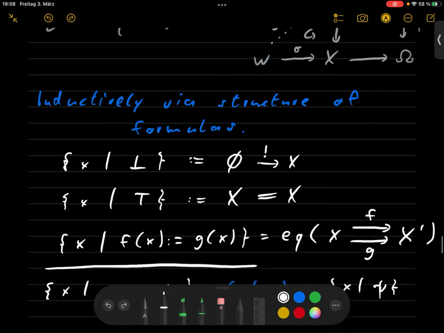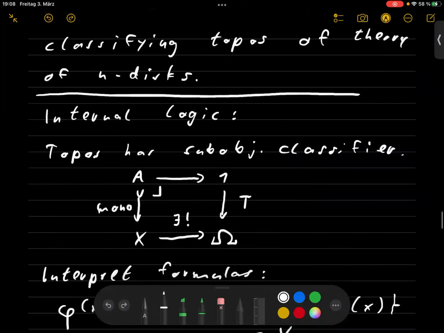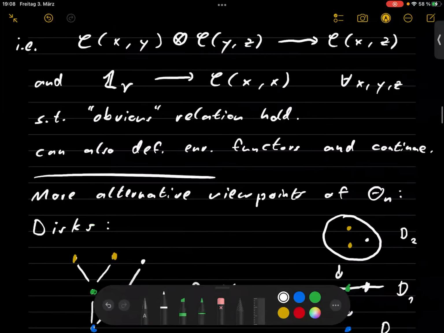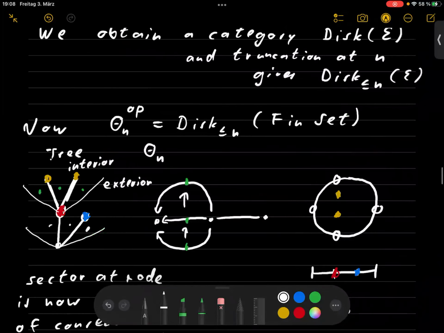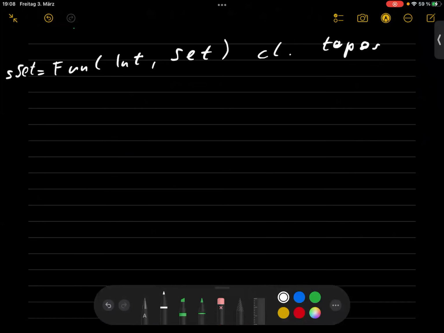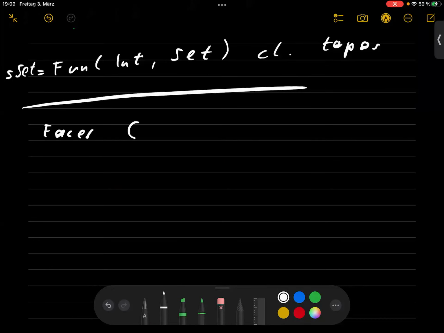So of course, this was all strict. And if we now want to give some weakness assumptions, then we could do a similar approach as it is done for quasi-categories. We can consider faces of theta n categories, faces of theta n.